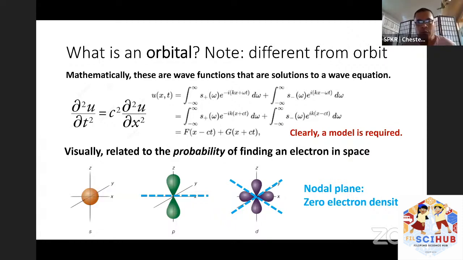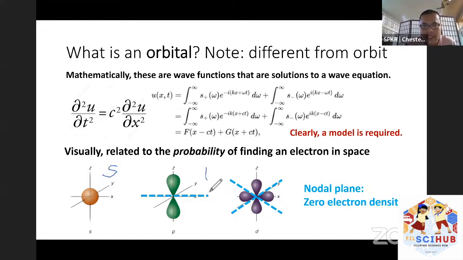I'm going to show you three orbitals here. I'm just going to use my pen first kasi mas hindi gaanong malaki. So yung pinaka-left, this is going to be your S orbital.